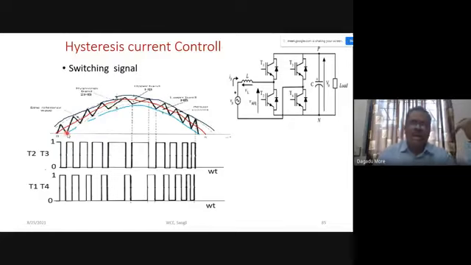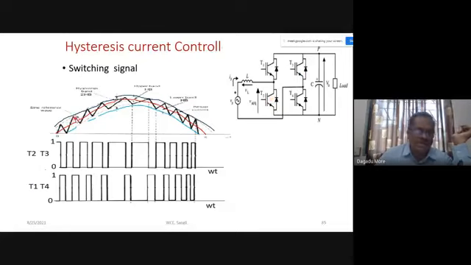At lower hysteresis band, at this point, we want to increase the current. So for increasing current, which devices we can switch on? T2 and T3. If you want to decrease the current, we switch on T1 and T4. So depending upon the requirement of current, when current increasing is required, we can go for T3 and T2.